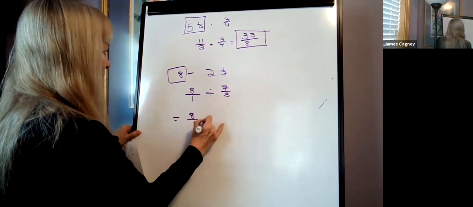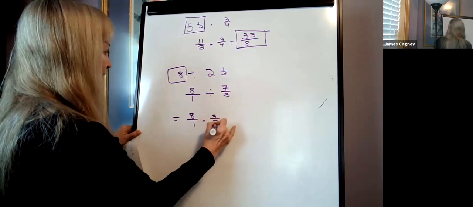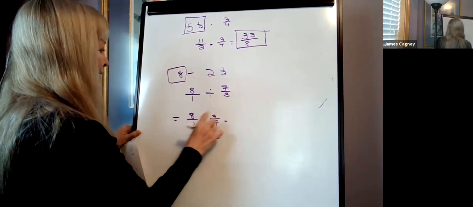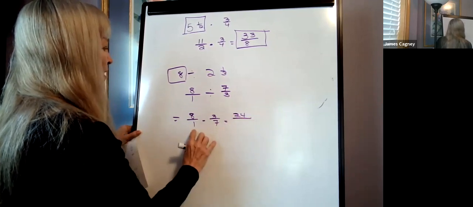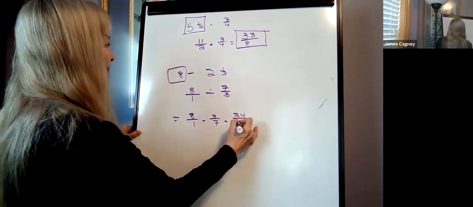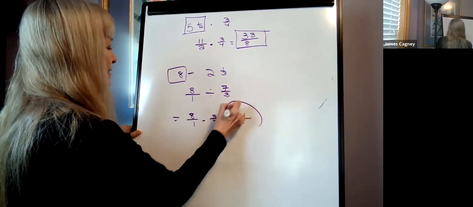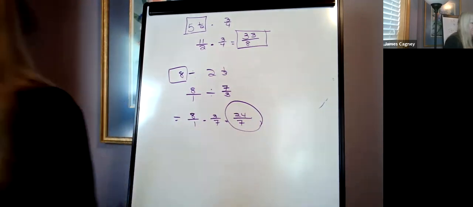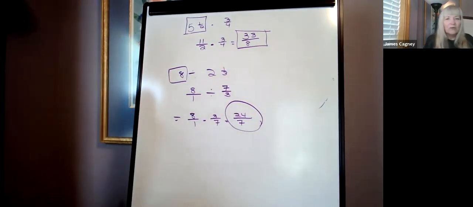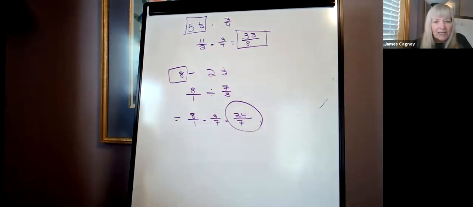So 8/1 times 3/7. 8 times 3 is 24. 24 over 1 times 7 is 7. So we got those two done. So remember, when you're multiplying and dividing, you are going to change them into improper fractions first if they give them to you as mixed numbers.